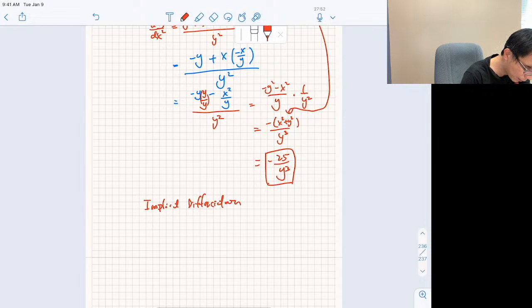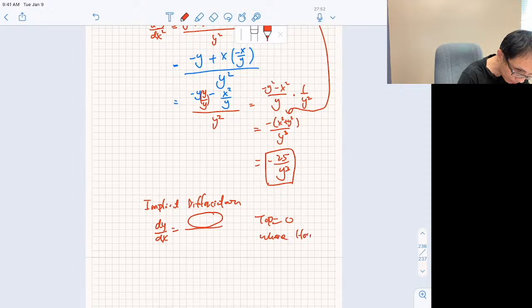After implicit differentiation, you usually get dy/dx equal to some type of fraction, right? If you set the top equal to 0, that is where the horizontal tangent occurs.